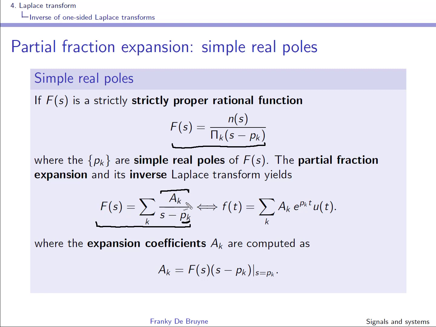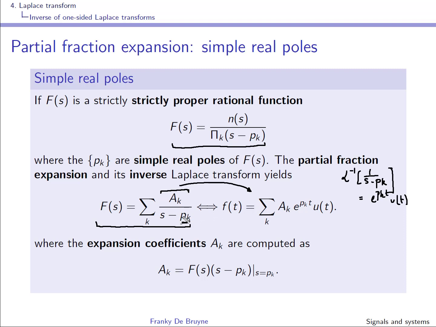Once you have this partial fraction decomposition, you can obtain the inverse Laplace transform, because you know that the inverse Laplace transform of 1 over s minus pk is equal to e to the pk t, and I should not forget to put the unit step to make everything causal. So this is how you go from here to here, and there remains the question of how you are going to compute these expansion coefficients.